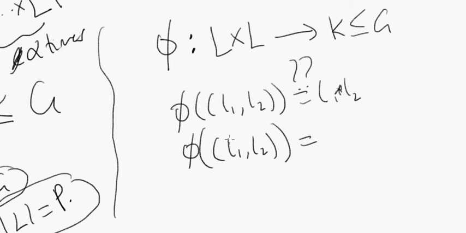That is, no two elements of L cross L are going to give us the same value in G. You know, one thing we do know is that if the order of L equals P, right, and we're saying that L is cyclic.